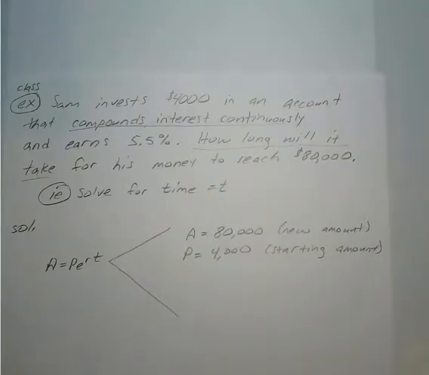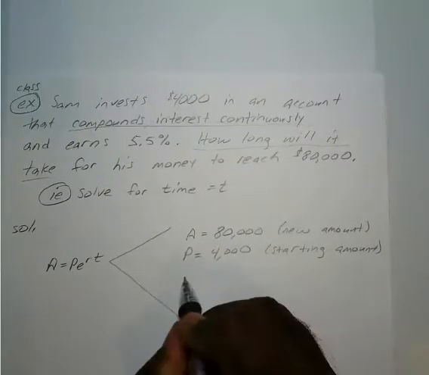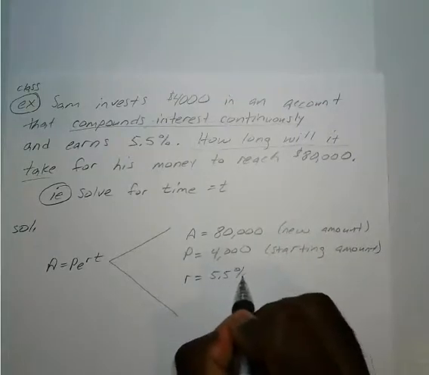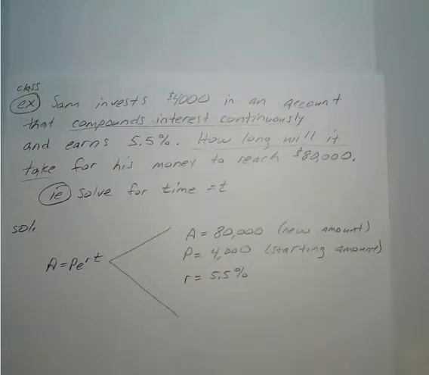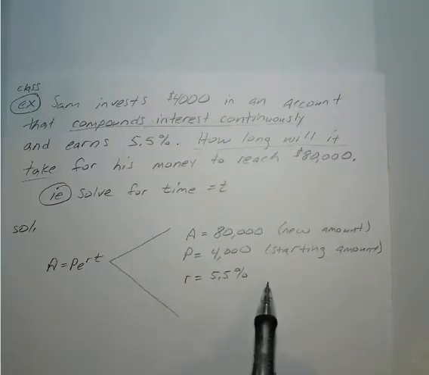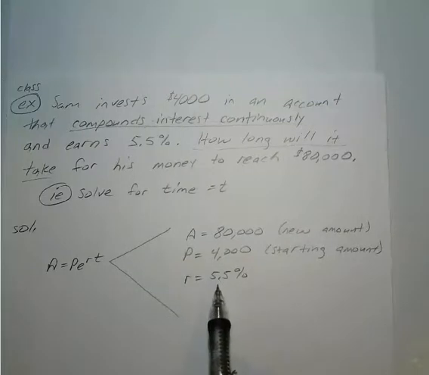See, that's always going to be the key difference. You want to know the difference between your new amount and your starting amount. Okay, now your interest rate is 5.5%. But you have to convert that to a decimal. Remember, if you want to convert a decimal to a percent, you move it 2 spaces to the right. To convert a percent to a decimal, you move it 2 spaces to the left.